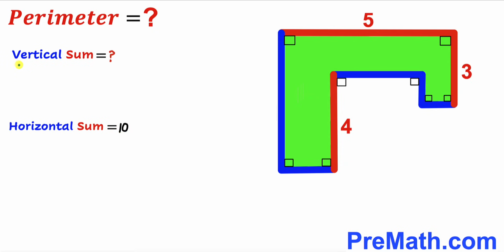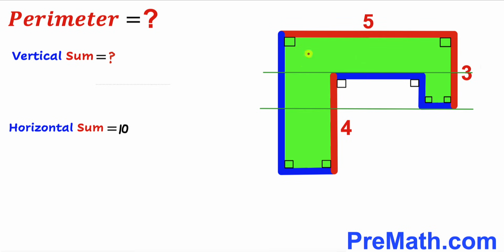Likewise, we are going to calculate the vertical sum as well. In this next step, I have dropped these horizontal lines as well, and now let's make an observation. We can see that this whole segment length is 4 units.